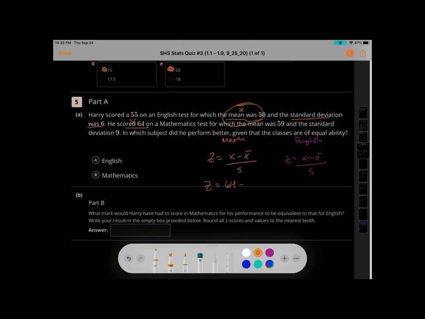The average is right here, 50, and standard deviation was 6. That means he will have a z-score. Remember, to compare apples and apples, we have to use standardized score. So 64 minus 50 divided by 6 gives me 2.33.